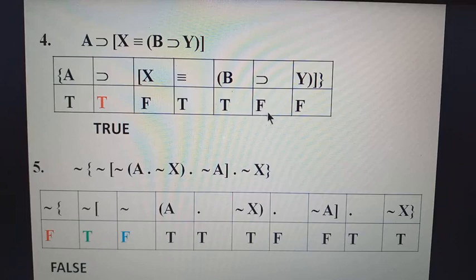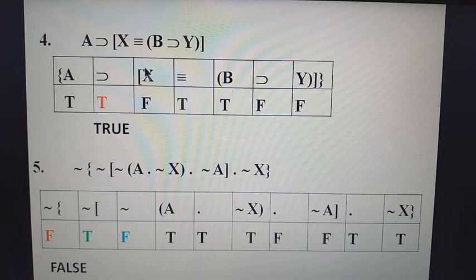You will combine the value of this parenthesis with the value of this X to get the value of this logical equivalence. Mind you, that is the value of this bracket. We are done with the parenthesis, which is false. We now go on to the brackets.